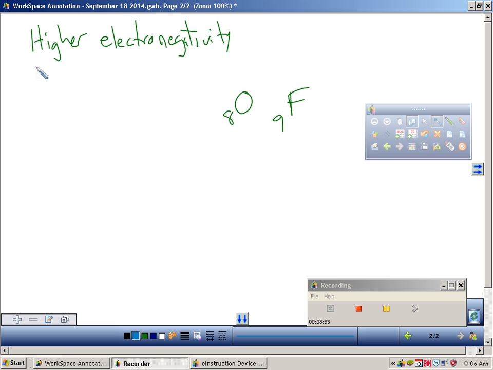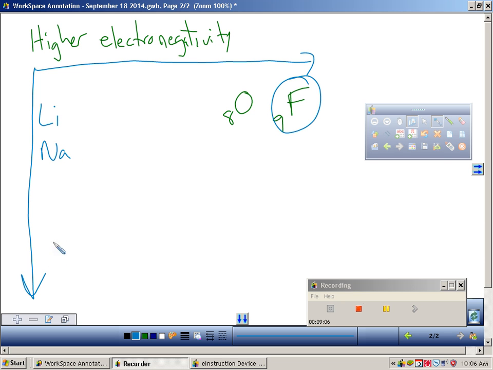Fluorine, of course, right? Because we just know the trend. The trend says it gets stronger going that way, so therefore it's fluorine. Then it might say, which one has the greater electronegativity, lithium or sodium? Who's stronger? Lithium. Because our electronegativity decreases as we go down, so therefore he's stronger.